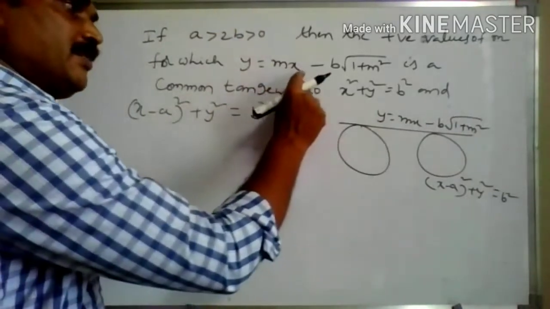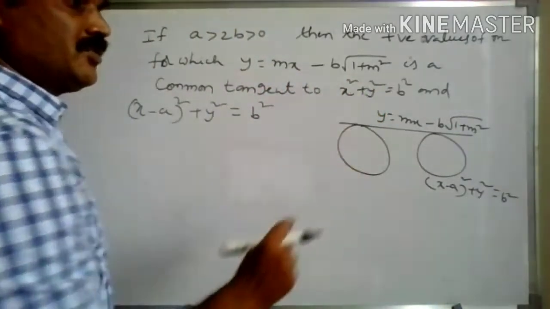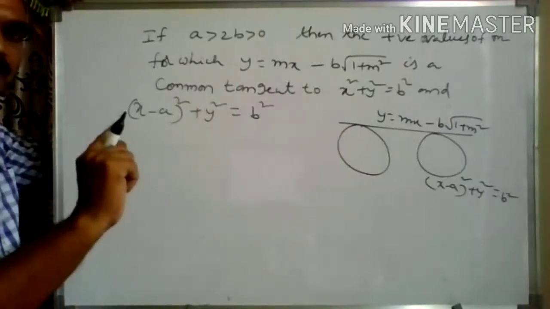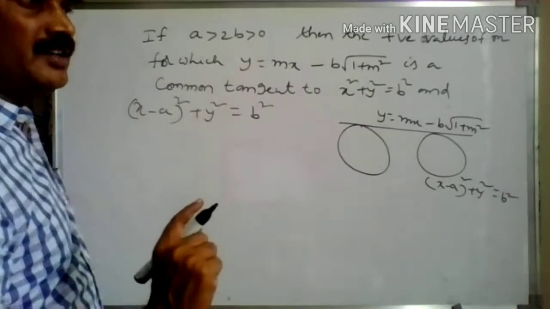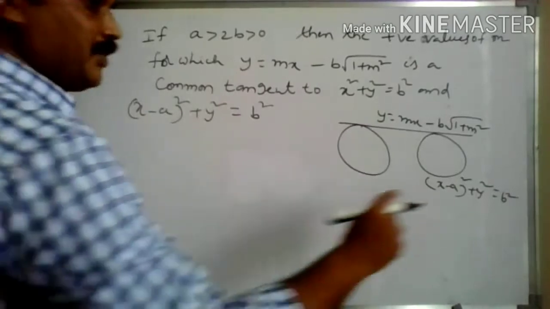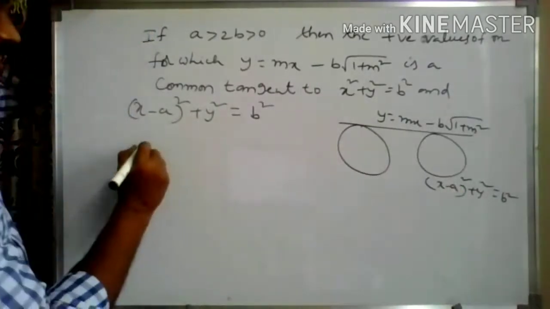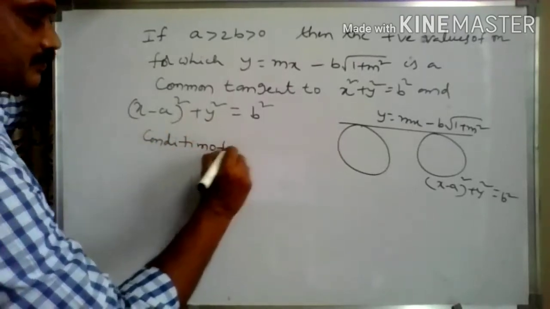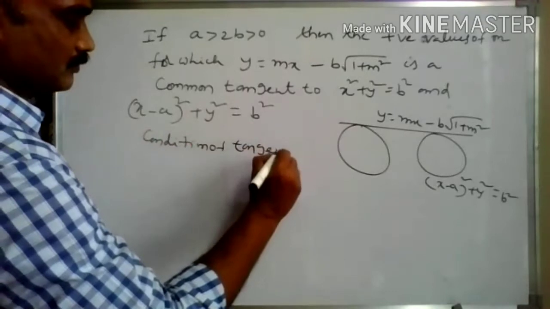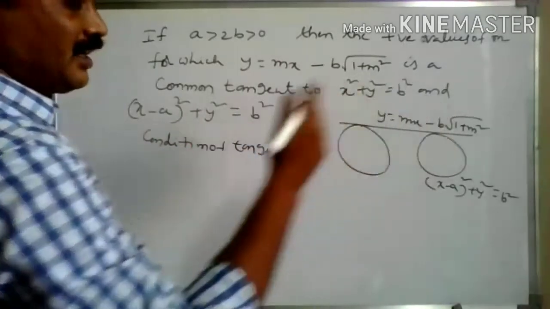Here y is equal to mx minus b into root 1 plus m square is a common tangent to circle 1 and circle 2. What is the condition of tangent? r is equal to d. Students, apply the condition of tangent. r1 is equal to d or r2 is equal to d.